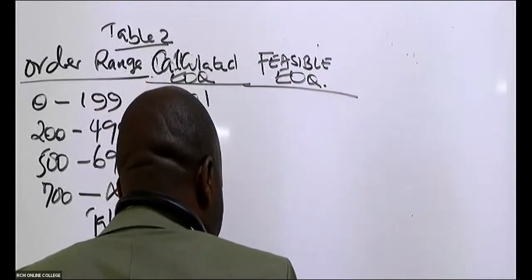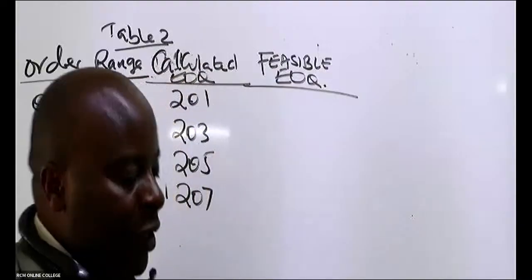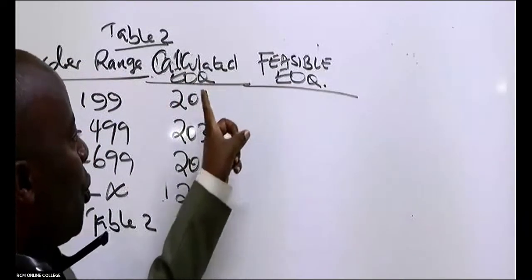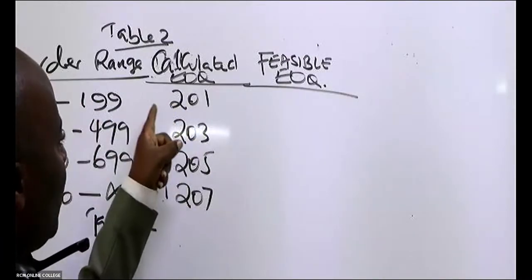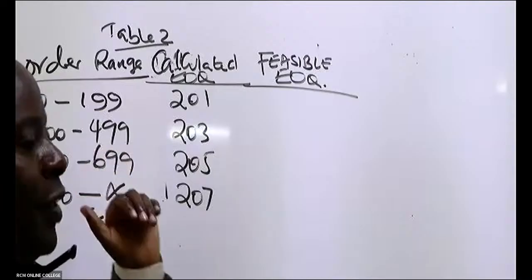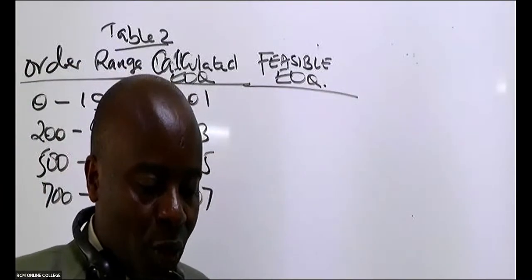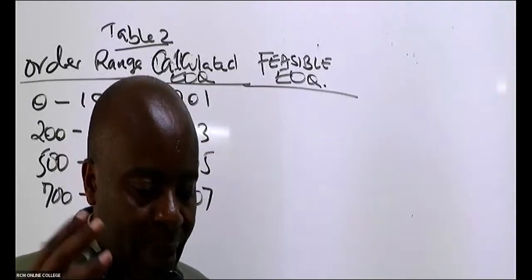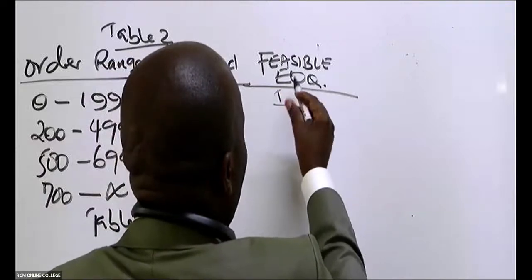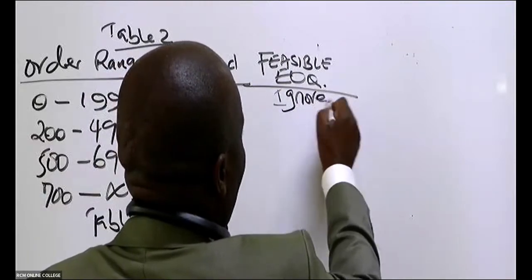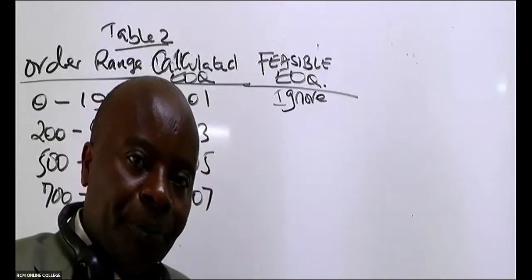Then remember, for our practicality, we are using the 3 rules. If the calculated EOQ is above the range, like 201 is higher, what should we do with that EOQ? If it is above the range, you ignore.